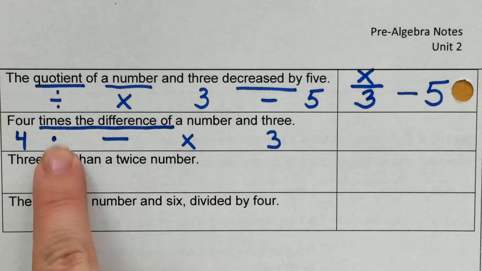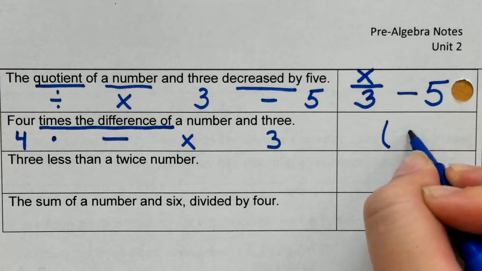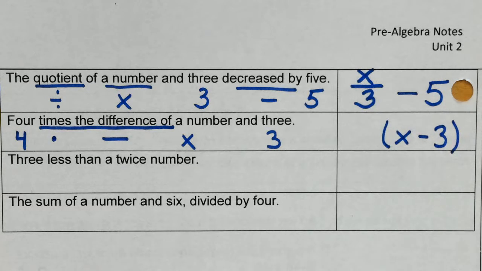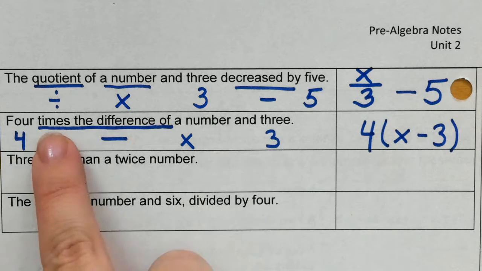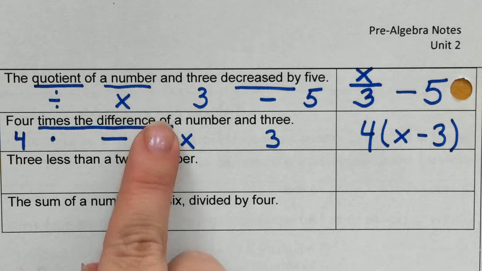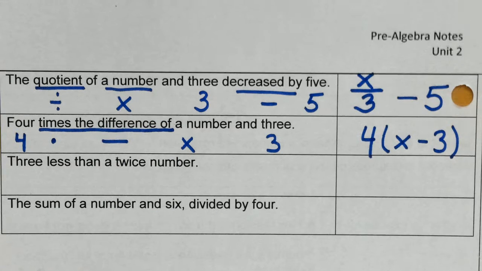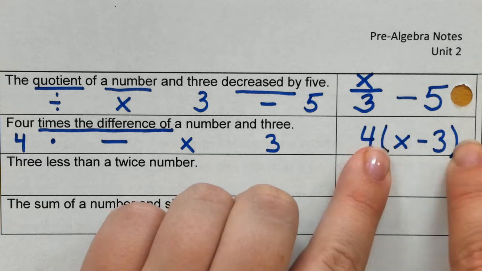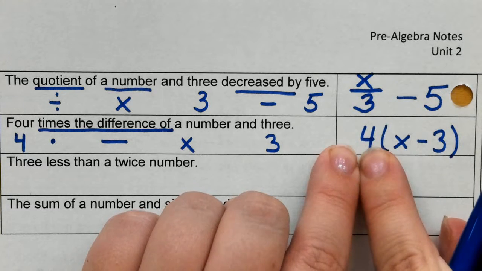It's 4 times the difference, which means I'm going to have the difference of a number and 3 inside my parentheses, and I'm multiplying that by 4. So see how it's times the difference of? It's not times a number or times 3. It's times the difference. So we put the difference in parentheses so we can times it by 4.